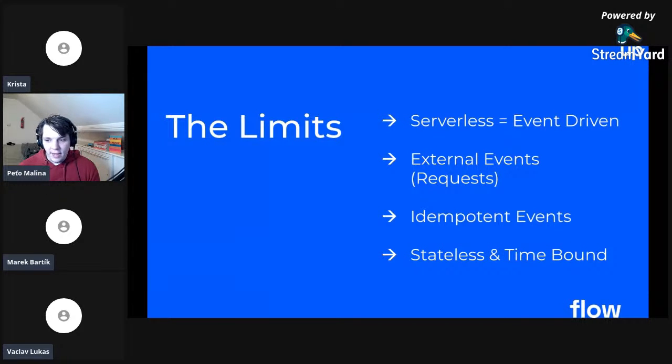The third thing, and I think this is the largest thing for me, where I have the most problems, is idempotent events. Why is it important in the serverless world? Because many serverless services like PubSub will try to retry your messages.